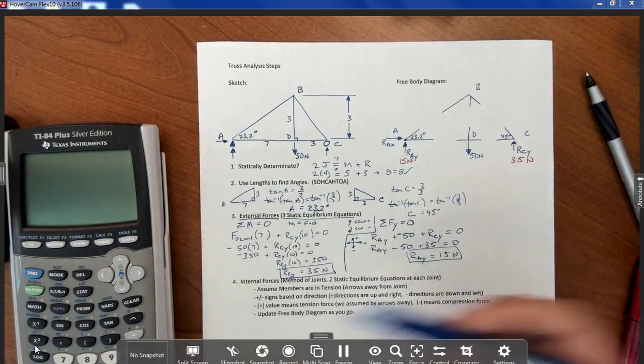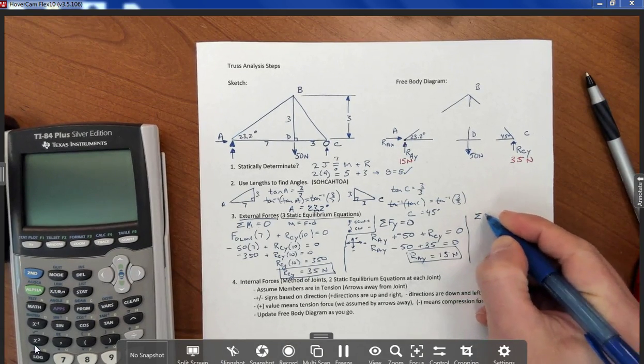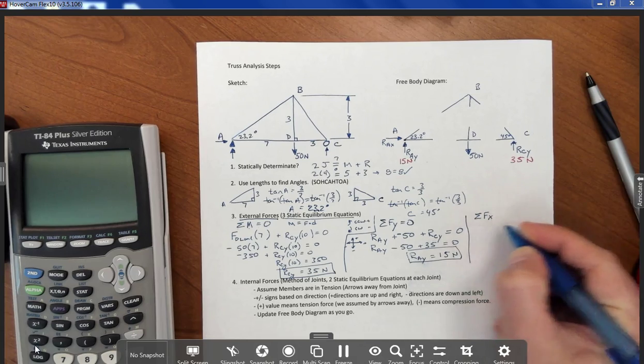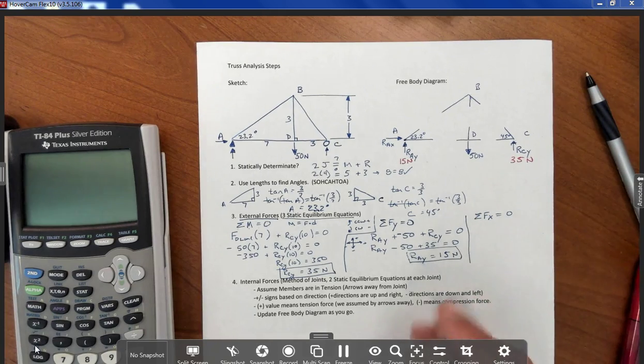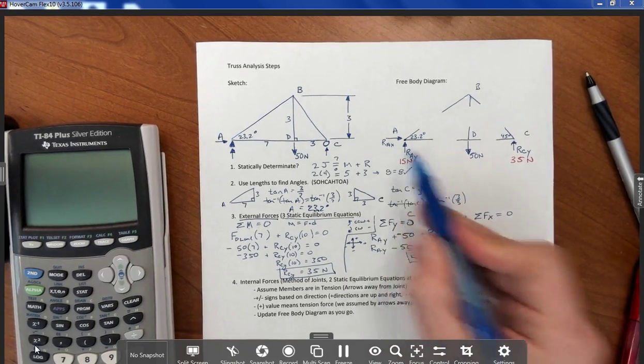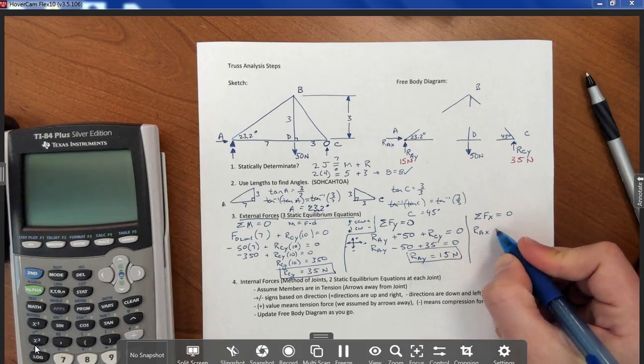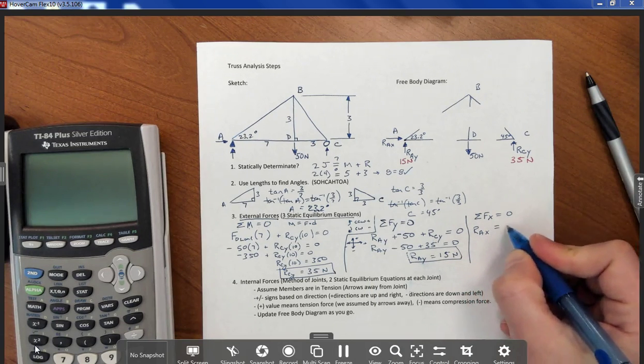Okay, the last static equilibrium equation is going to say that the sum of all the forces in the x direction, so now we're talking horizontal, are going to add up to equal 0. Well, there's only one. There's nothing else to even balance with it, so the reaction force at A in the x direction plus nothing else has to add up to equal 0.